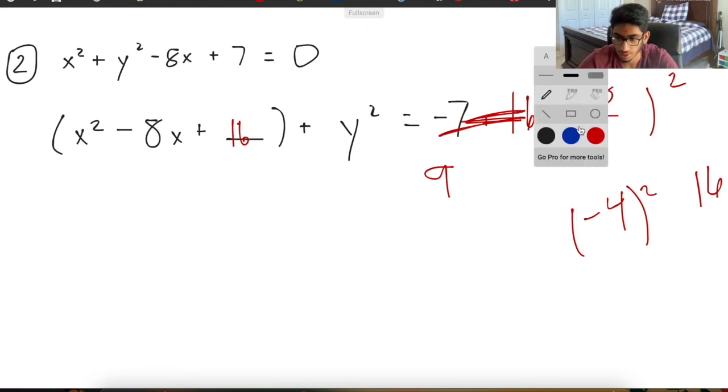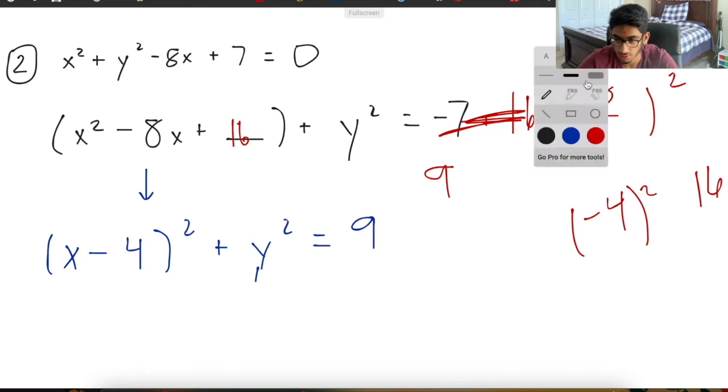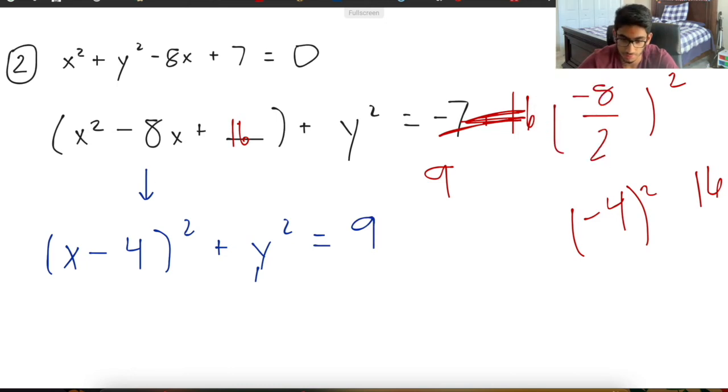So now we can complete the square and factor this quadratic, and so this would become x minus 4 squared plus y squared equals 9. And so this is our standard form right here.